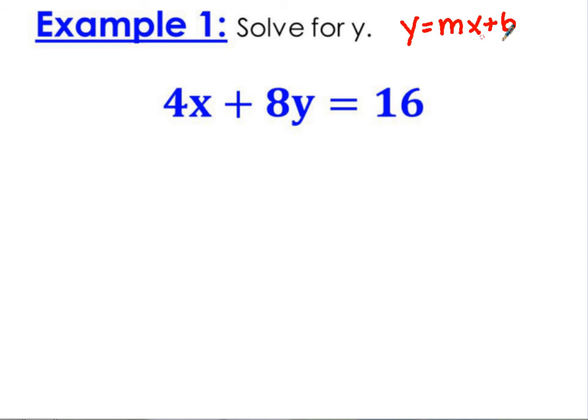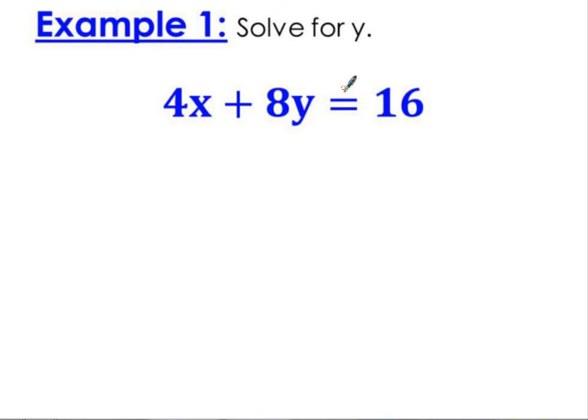This is what you use when you graph a line, and we'll get to that in a unit or so. But before we get there, we have to know how to rewrite these equations, because if I need it to look like this, then I need to know how to solve for y, or how to get y by itself. And right now it doesn't look like that. So that's what we're working on today, rewriting equations to get them in a more useful form for us.